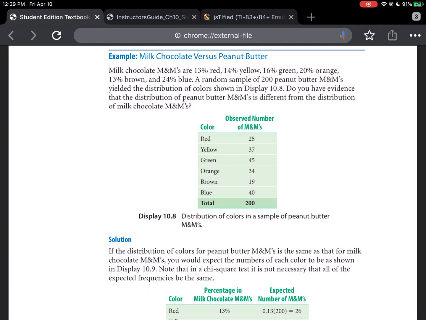So I'm just saying that the distribution of colors should be the same for peanut butter M&Ms as it is for milk chocolate M&Ms. My alternative hypothesis is going to be that in at least one of the colors, and you want to make sure you say at least one, in at least one of the colors, the distribution of peanut butter M&Ms is different from the distribution of milk chocolate M&Ms.